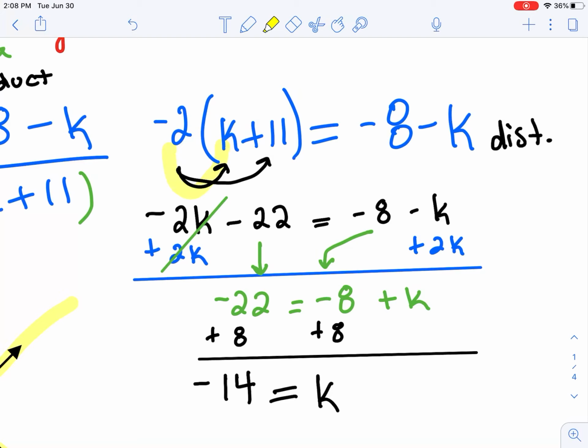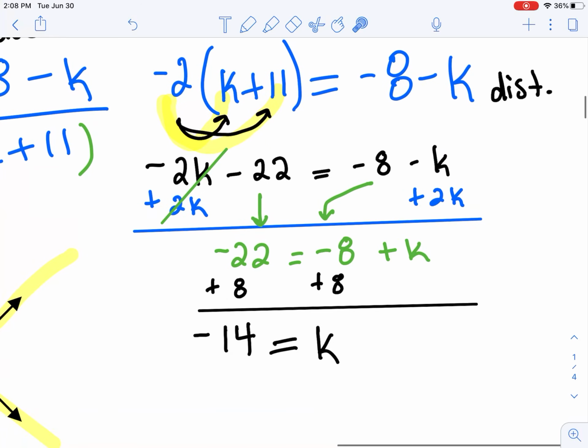So you get -2 times k, and then -2 times a positive 11, which yields -2k, and -2 times a positive 11 is -22, which equals -8 minus k.